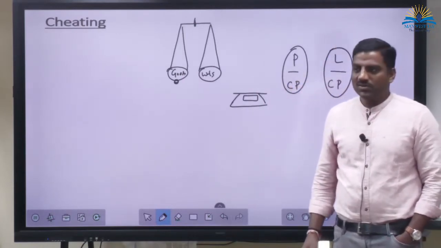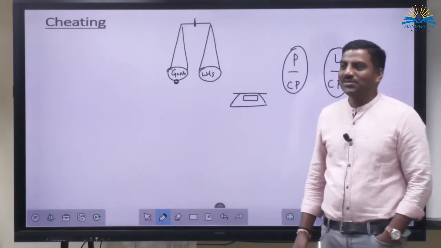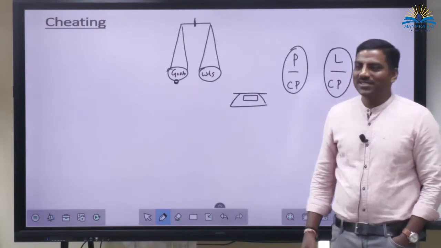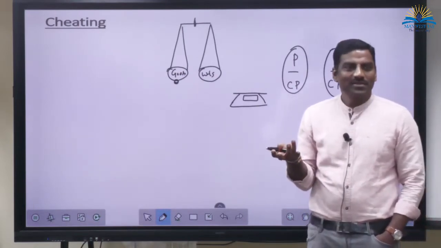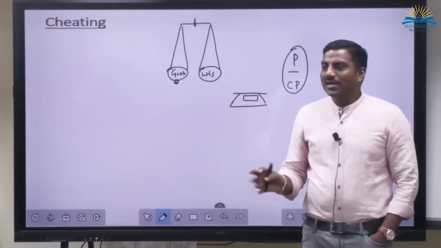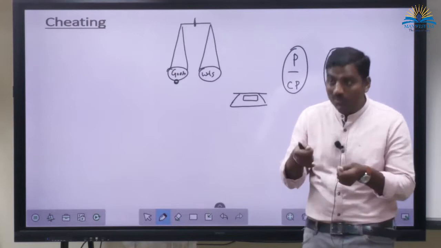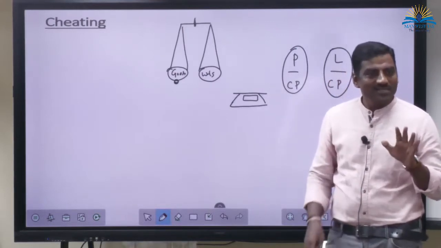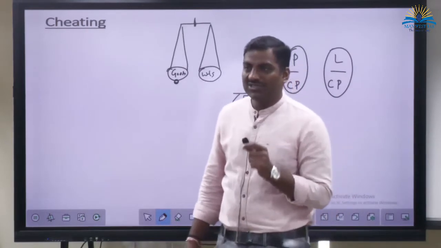Electronics engineers, can we cheat? Who is writing the program? For every 900 grams, show 1 kg. Will every customer go to check? Chances are there, right? But there is one department of weights and measures.